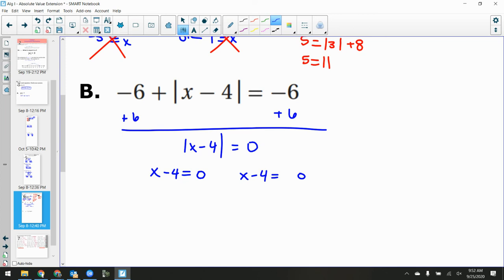So I don't need to write down the other one. Instead of 2 solutions, this only gets 1 solution: x equals 4. So sometimes you will get 1 solution, sometimes 2 solutions, and sometimes you don't get any solutions at all. It all depends on how the problem works out in the end.